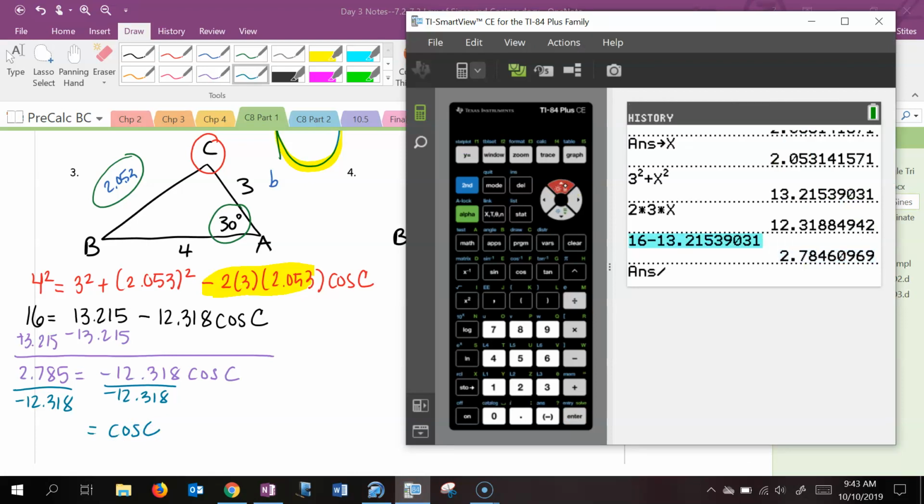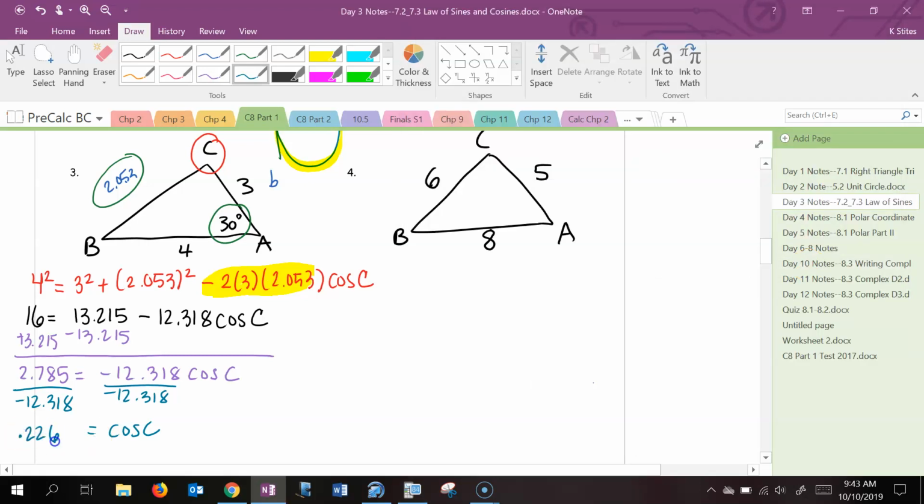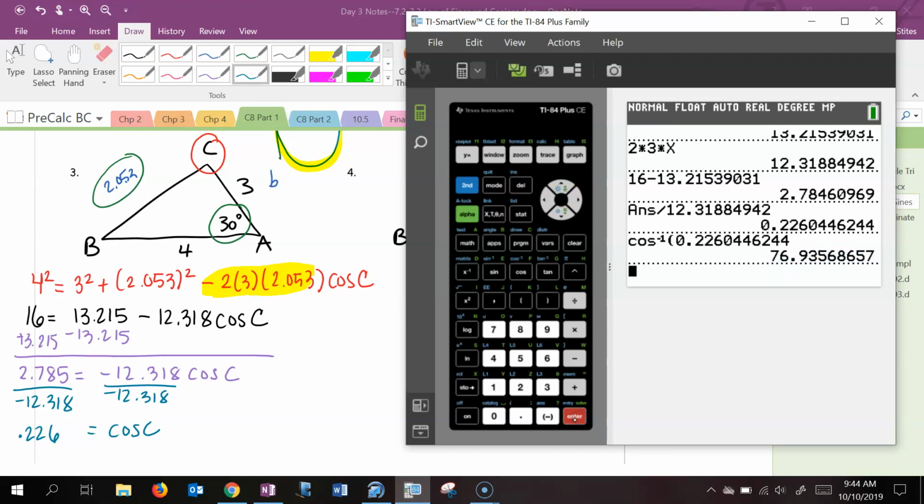Divided by that, 0.226. That is cosine of C. You still need to find angle C, so what we'll do now is second cosine, that's inverse cosine of this guy right here, and that will give us 76.936 degrees.